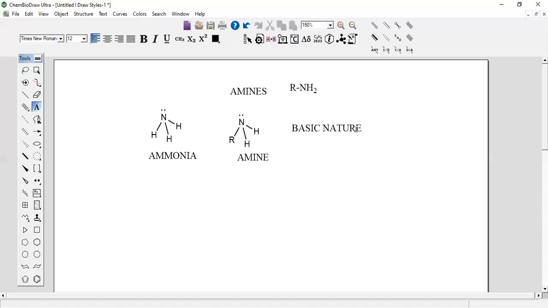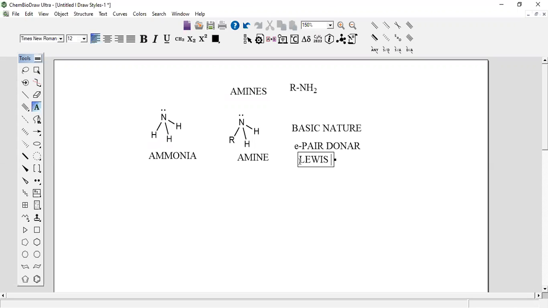Why are they basic in nature? Because they are electron pair donors. Very good. The nitrogen contains a lone pair and acts as an electron pair donor. Can anybody tell me according to which theory they are said to be bases?